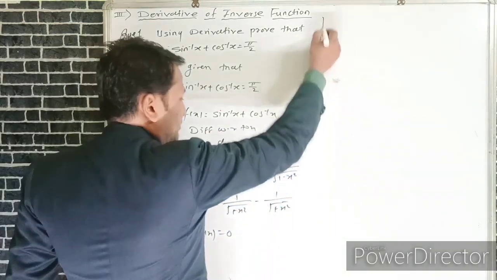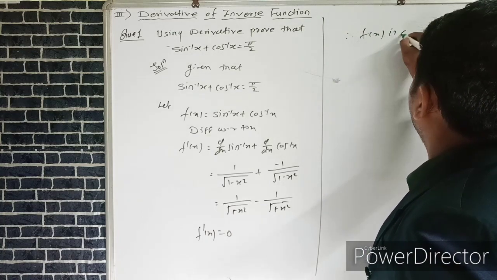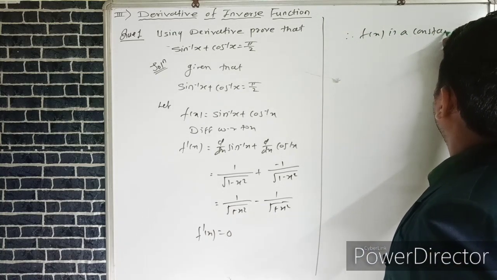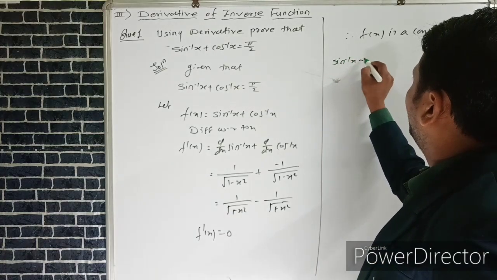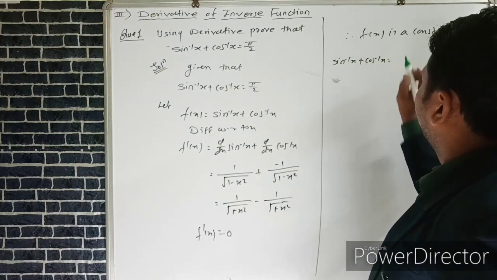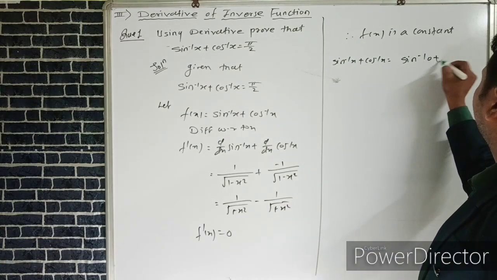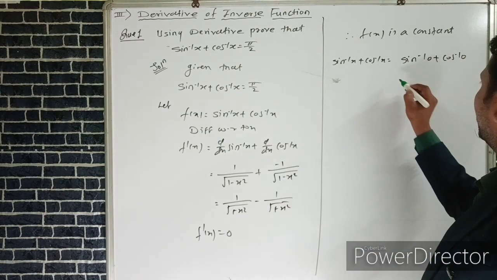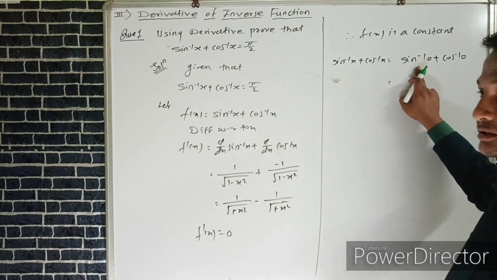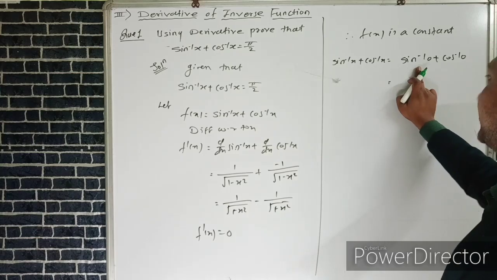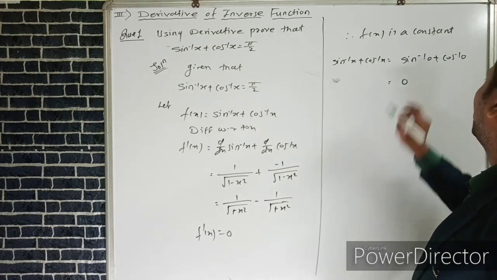Therefore we can write f of x is a constant. Then we can write sin inverse x plus cos inverse x, with x replaced by 0: sin inverse 0 plus cos inverse 0. For sin inverse 0, the angle whose sin is 0 is 0, hence sin inverse 0 is 0.